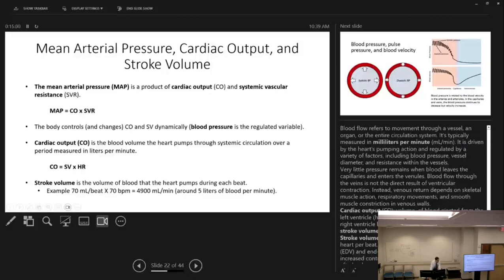Here we have an example. Someone may have a heart rate of 70, and if they have a stroke volume of 70 milliliters per beat, they are going to have a cardiac output of around 5 liters of blood per minute.